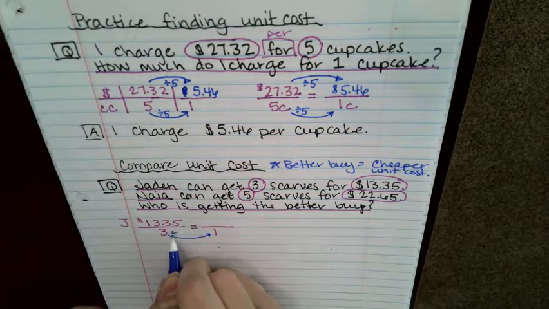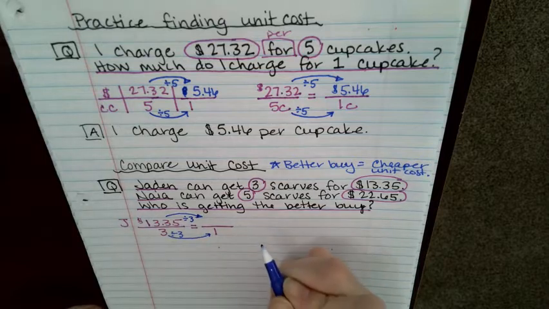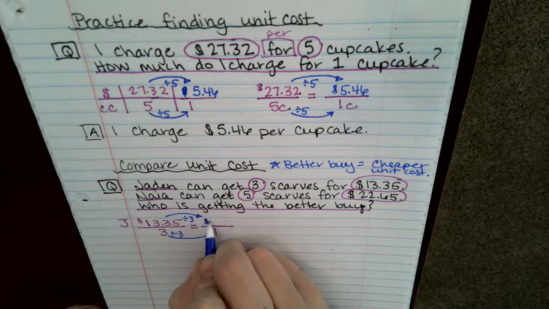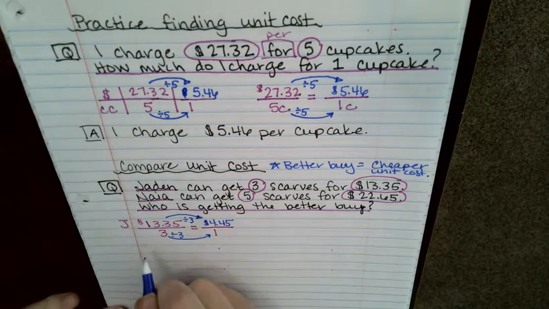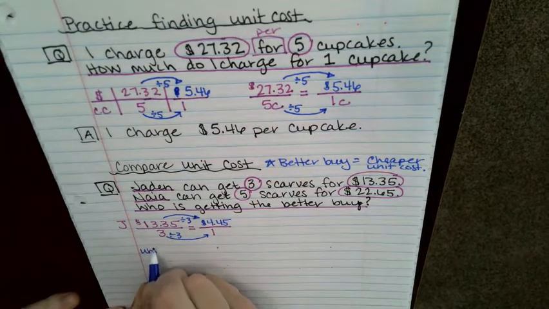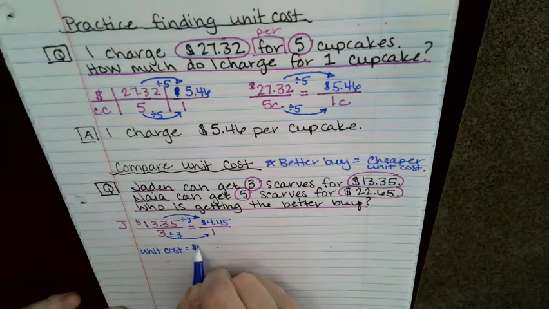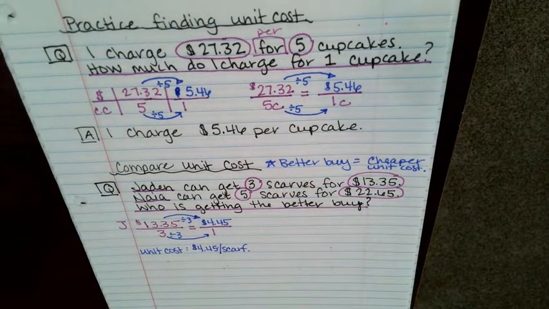I'm dividing by 3, so I'm going to divide by 3 again. Now $13.35 divided by 3 is $4.45. So that means Jaden's unit cost is $4.45 per scarf. Okay, that's another way you can write it.